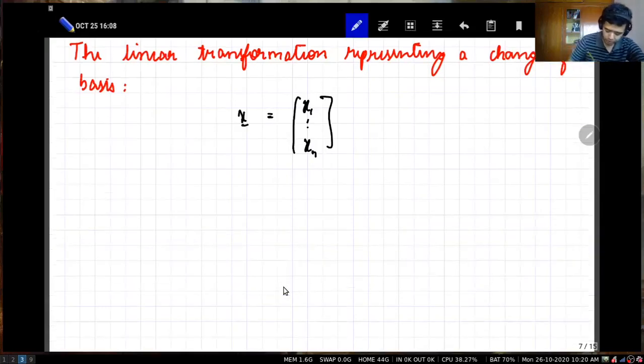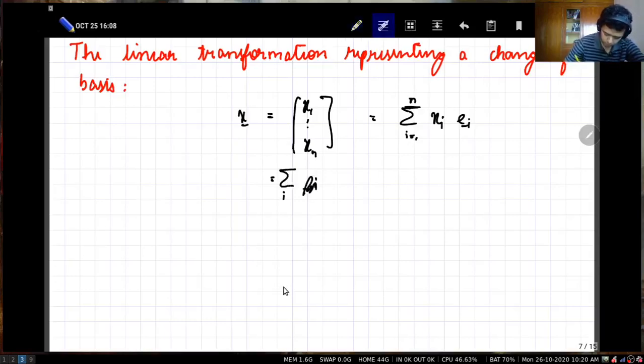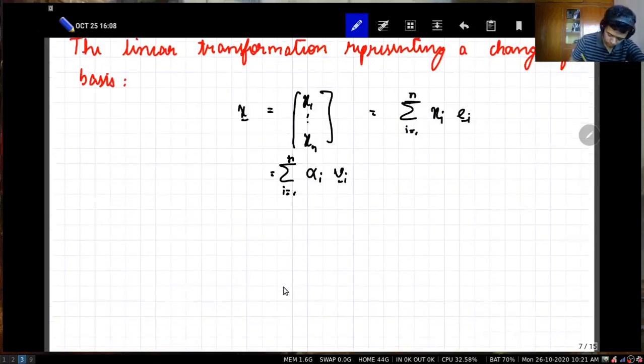Now we want to represent this in terms of a different basis, so this is the summation i going from 1 through n of xi ei, but this can also be written as the summation i going from 1 through n of alpha i vi, and our goal is to express the alpha i's in terms of the xi's and vice versa, right?